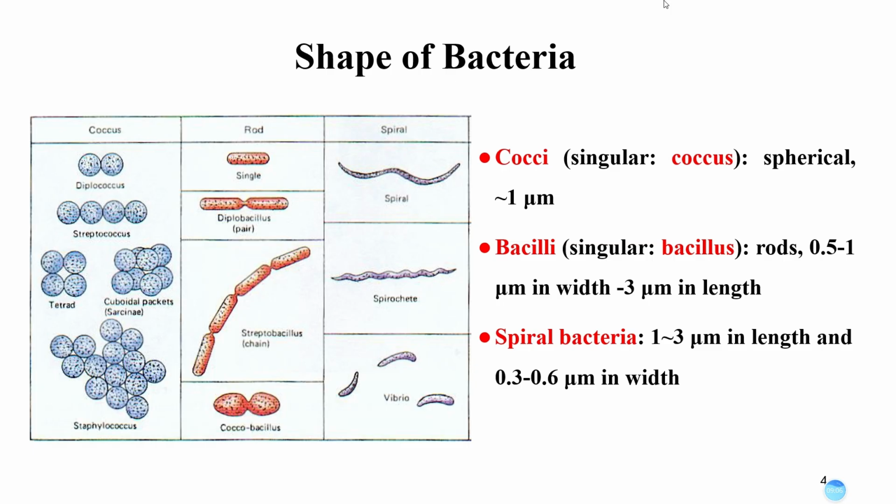So coccus is this spherical structure, like a ball, a sphere. The diameter of the coccus is usually around 1 micrometer, so very small. And when you say a lot of coccus, you can use the term cocci. So that means more than one.